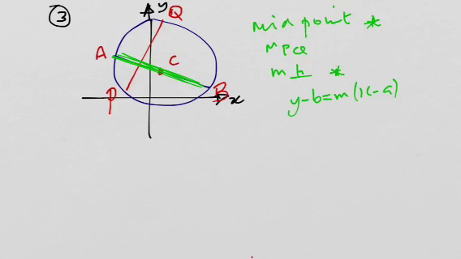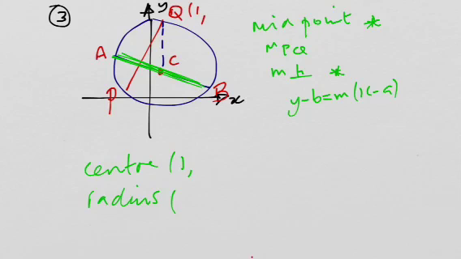Part B asks you to find the equation of the circle. For a circle you need two things: you need to know its centre and you need to know its radius. Now the centre of the circle should be fairly easy to get. Why am I saying that? Because we know from what the question says that C is parallel to the y-axis.